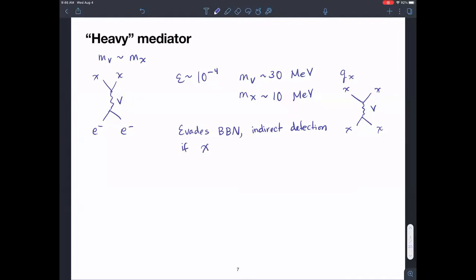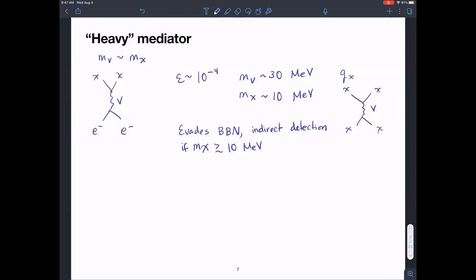For this chi to satisfy BBN constraints as a thermal relic, we generally require the mass to be greater than 10 MeV. That's a rough number, and it depends on what spin you assign to this. We don't want it to be in equilibrium through BBN, so that generally sets a lower bound around a few to 10 MeV.